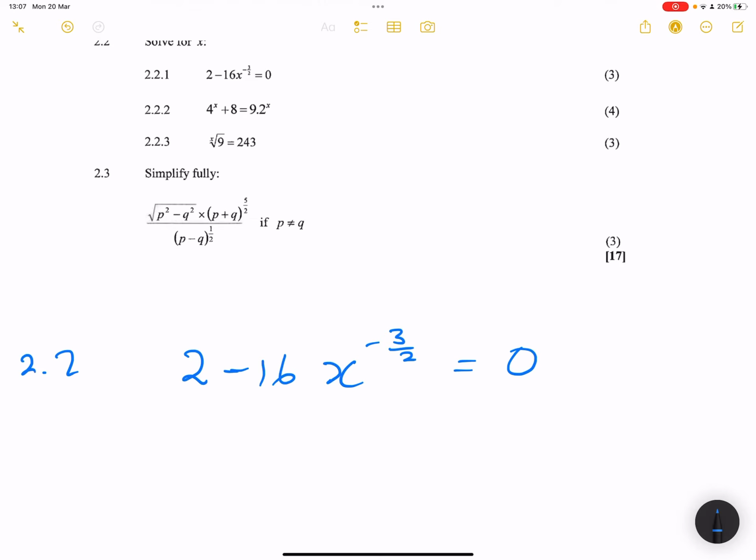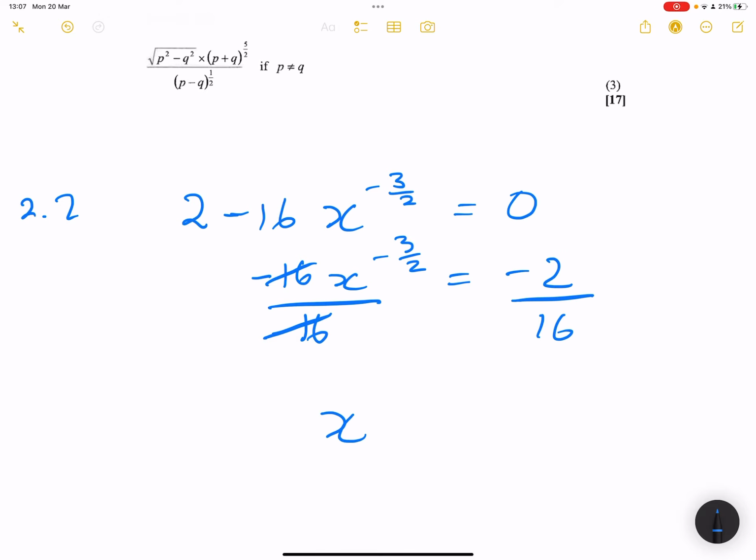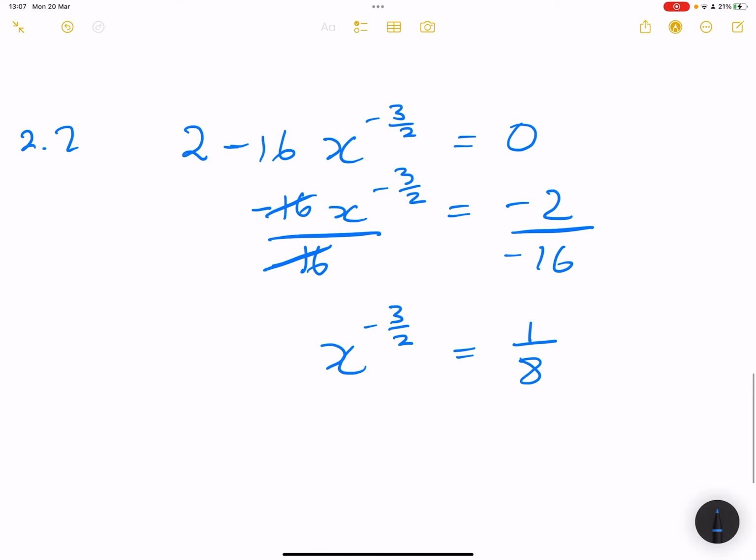So we'll have negative 16 x to the negative 3 over 2, which is equal to negative 2. I'm going to divide by negative 16 on either side, so negative 16 cancels that. Now we've got x to the negative 3 over 2, which is equal to, remember this is negative 16, 1 over 8.